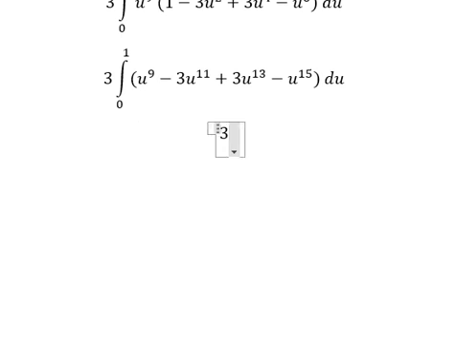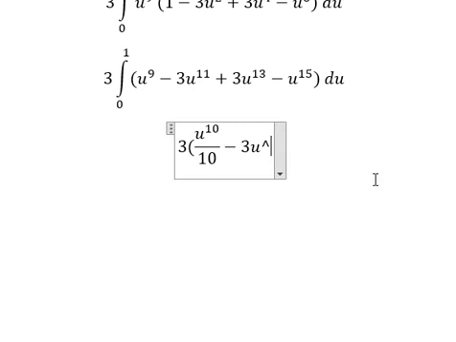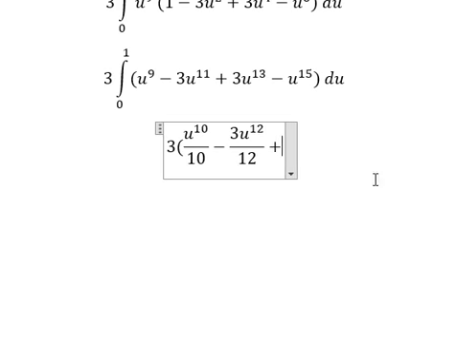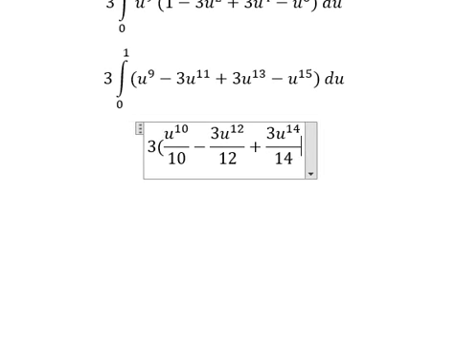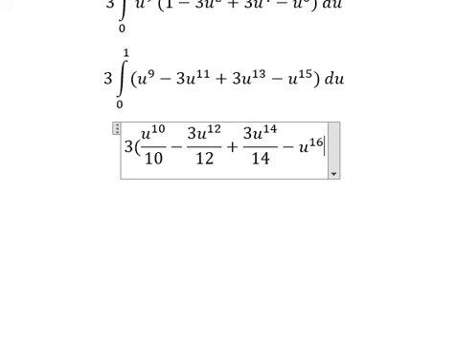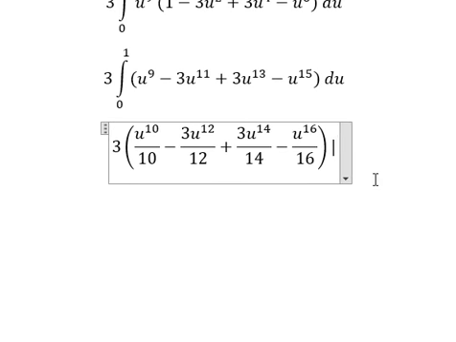Now, the integration of u to the power of 9, we have u to the power of 10 over 10 minus 3u to the power of 12 over 12, plus 3u to the power of 14 over 14, and the last one, and we put the bounds from 0 to number 1.